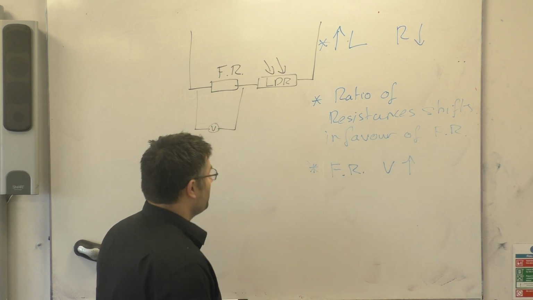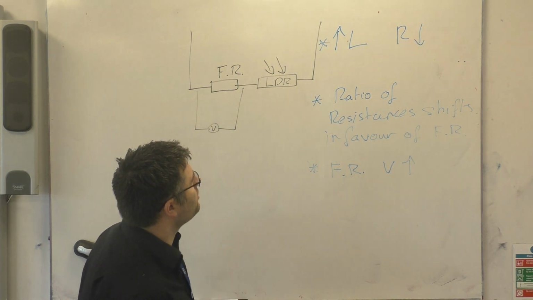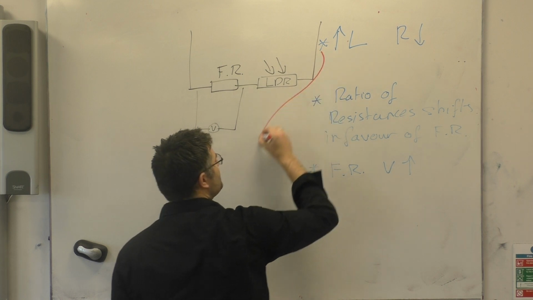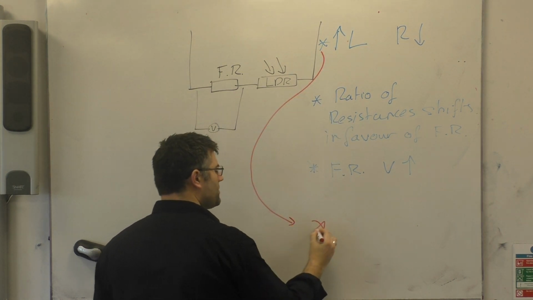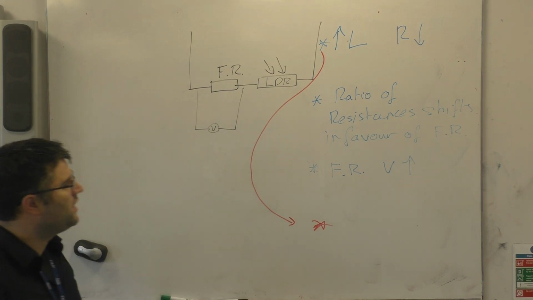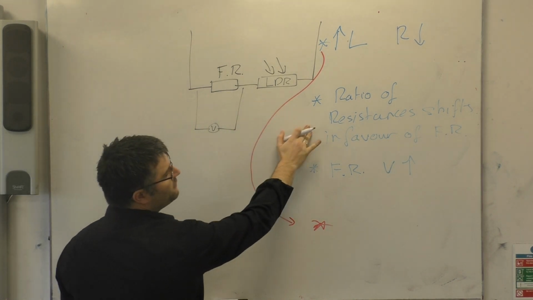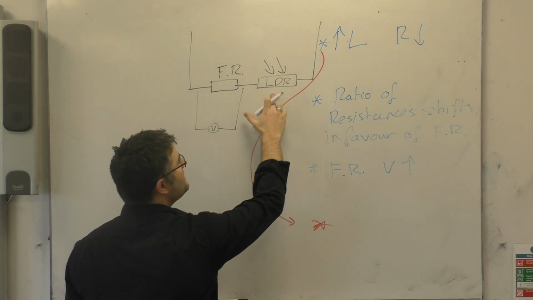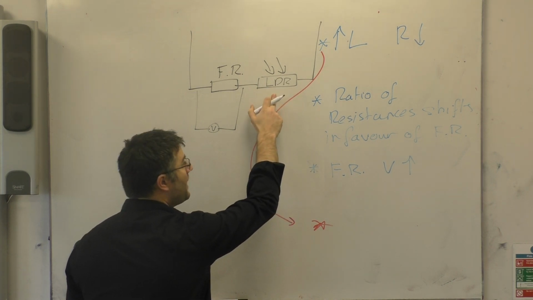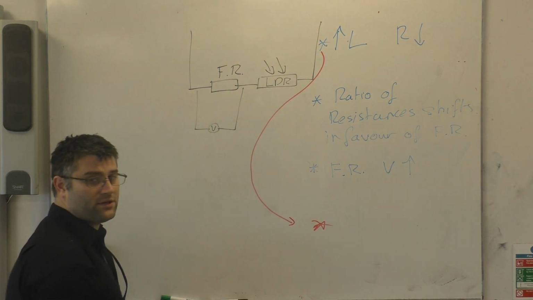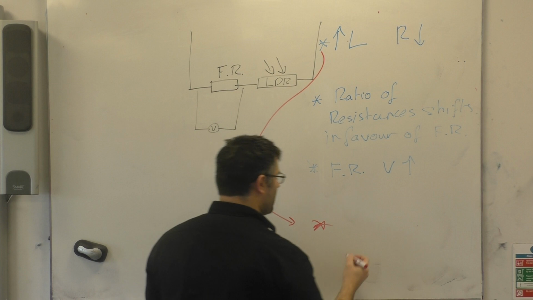As a byproduct, lots of students like to talk about the current in these circuits. What's going to happen to the current? If the resistance of the LDR has gone down and the fixed resistor has stayed the same, the current is going to go up.